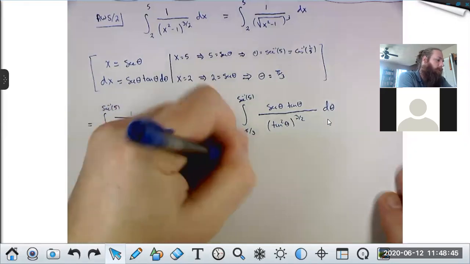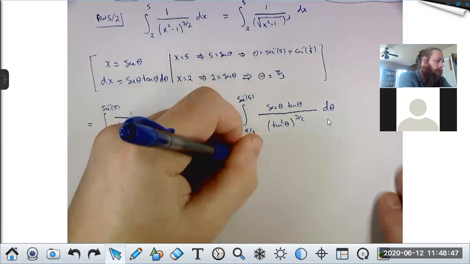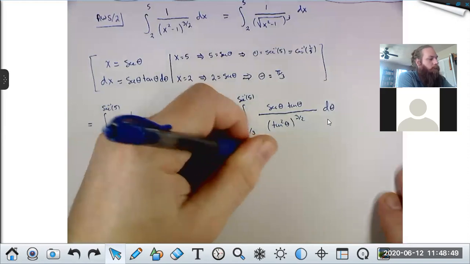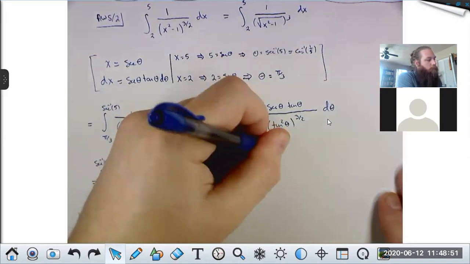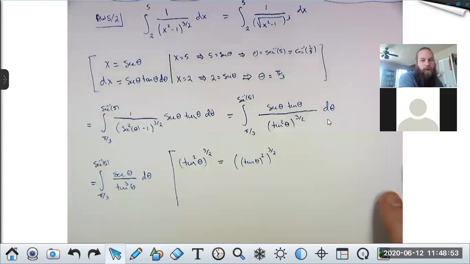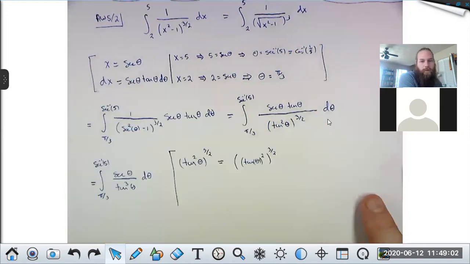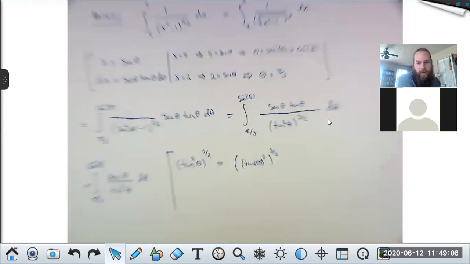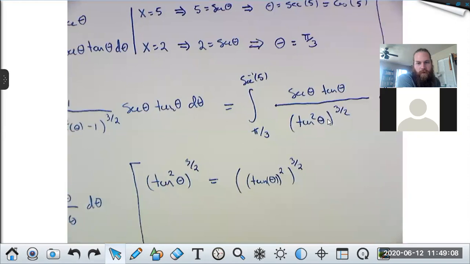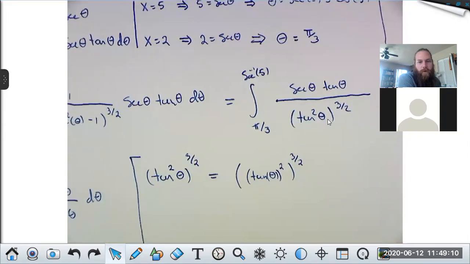This is tan theta all squared raised to the 3 over 2. Tan squared theta is tan theta squared, right? It's the square of the tangent of theta. So if I wanted to be really careful, it's like this. Can everybody see that? It's not the theta that's being squared, it's the tangent that's being squared. That's why we normally write it as tan squared theta.